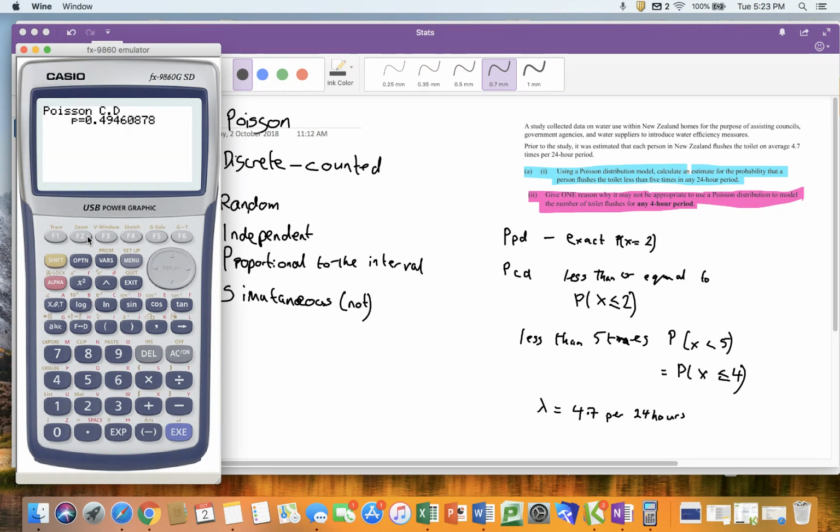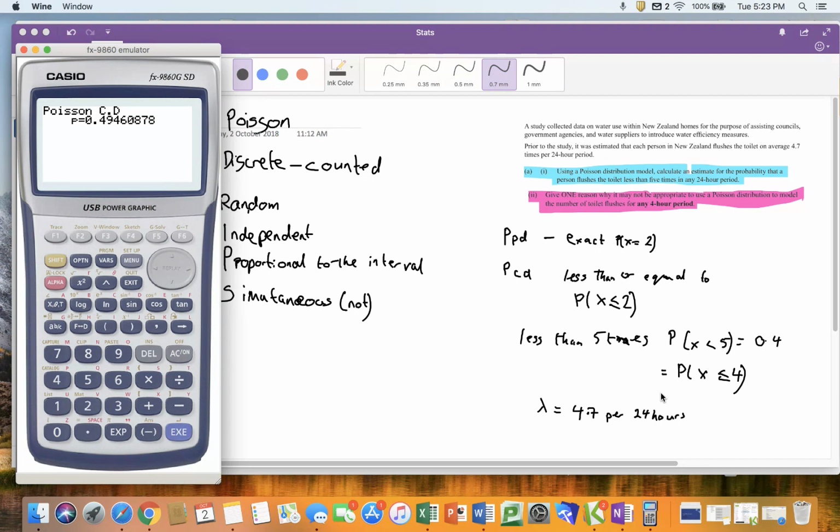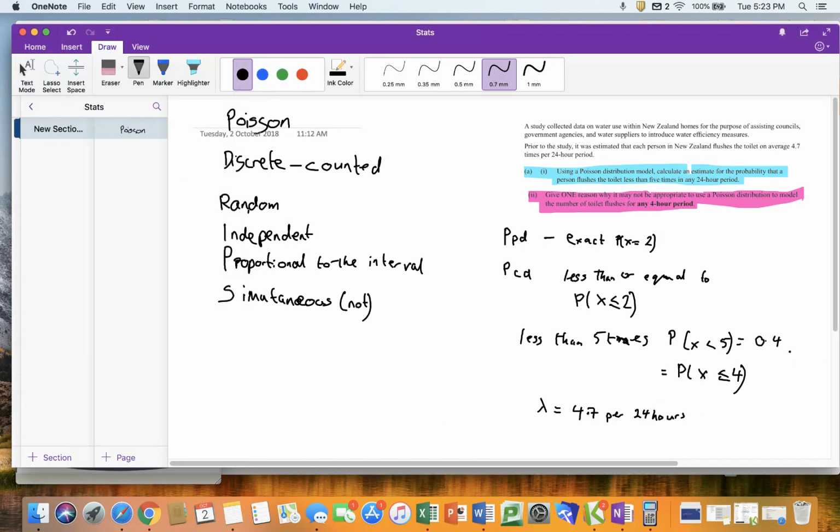And therefore I have a probability of 0.484946. So there you go. That's how I work out a probability. Okay, so that's working out a probability of Poisson.